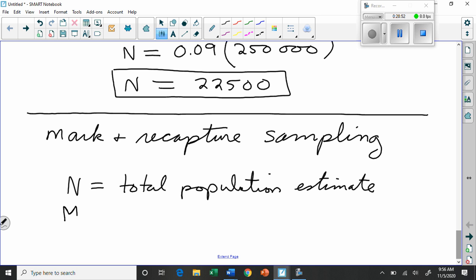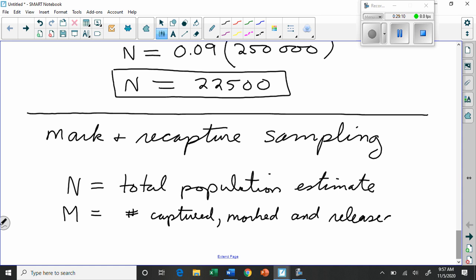So M is the number of animals that we capture, mark, and release.